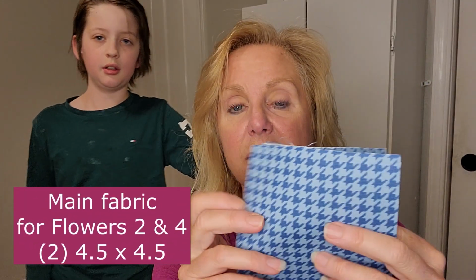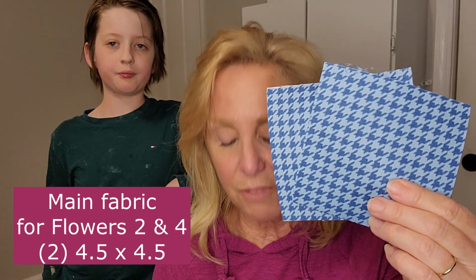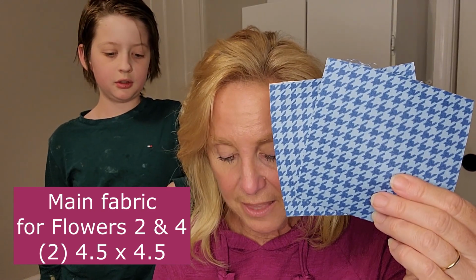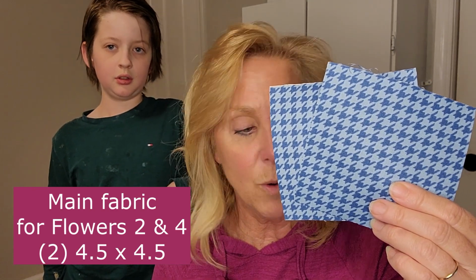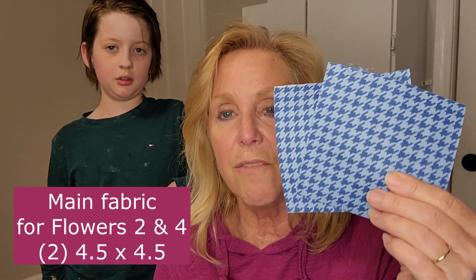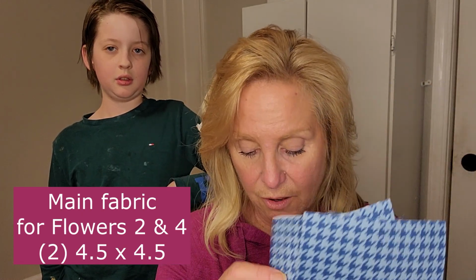And then for flowers 2 and 4, it's another houndstooth, but this time it's a blue houndstooth fabric. All right, so same thing. This is for flowers 2 and 4, and these we're going to have at 4.5 by 4.5, just like the white houndstooth. 4.5 by 4.5 of the blue houndstooth for flowers 2 and 4.